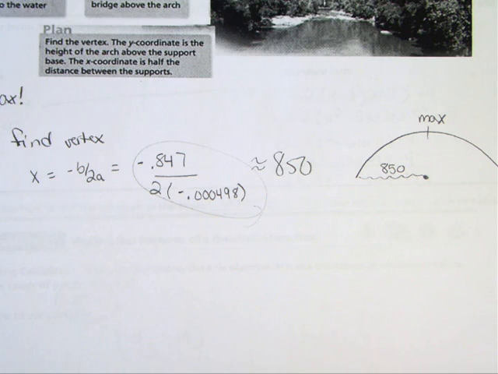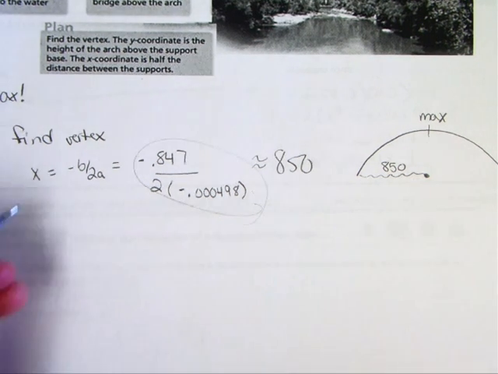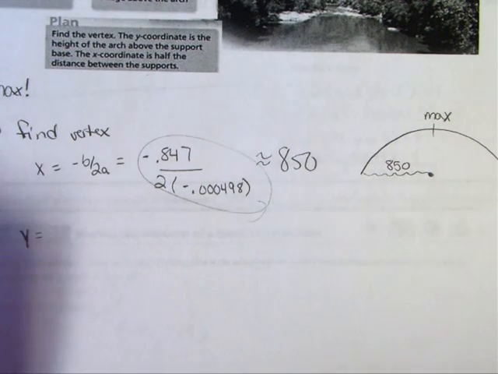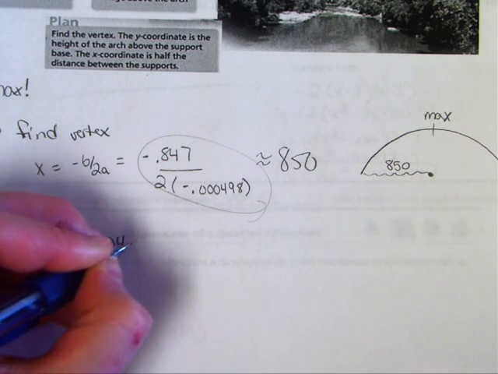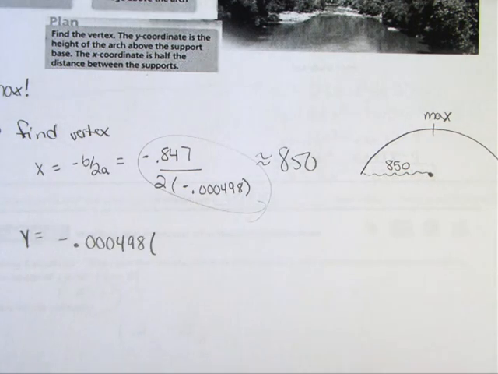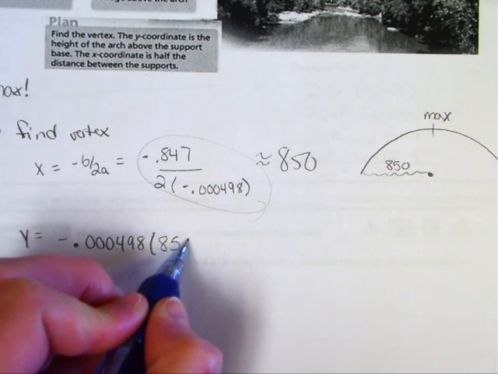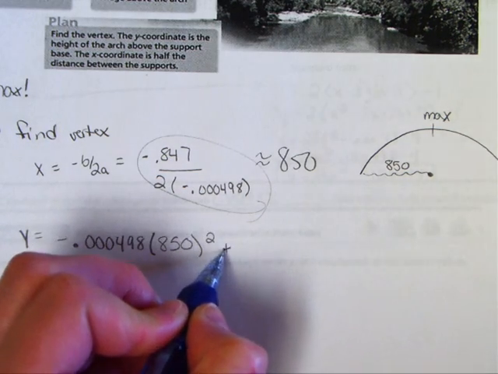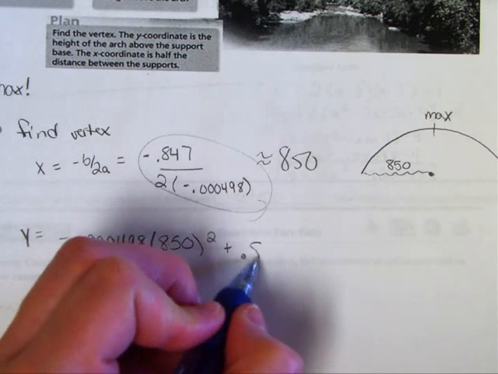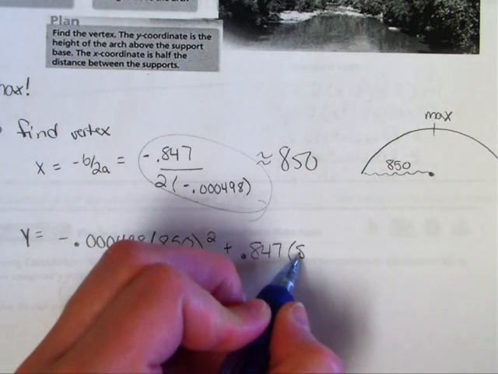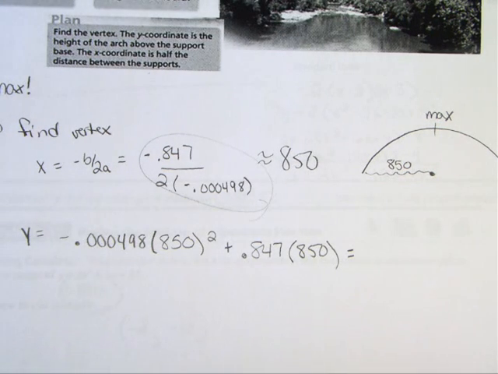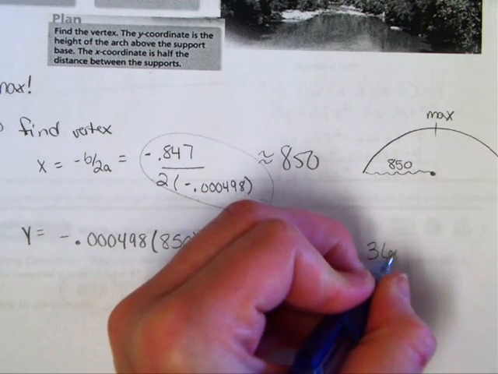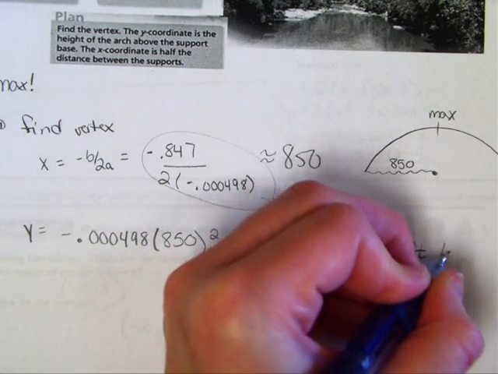We need to plug it in and figure out how tall it actually is. Y equals, plug it into the equation, negative 0.000498 times what we got, 850 squared, plus 0.847 times what we got, 850. Work that out. You will see that it is approximately 360 feet tall.